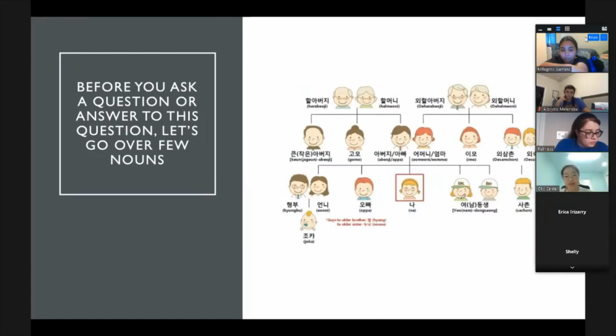So when they are younger and a girl, then it's 여동생. If it's a boy, 남동생. And make sure that you are a girl when you are referring to this tree, because if you're a boy, it will be different. If you were a boy, this person would be 누나 because you're a boy, and so on. But for example, we are using these nouns.